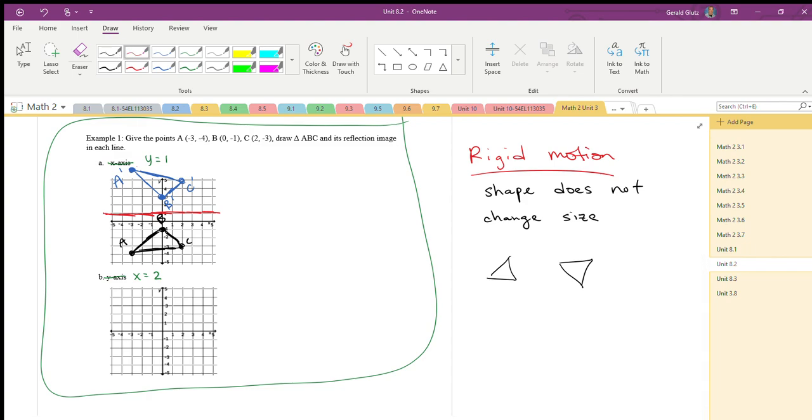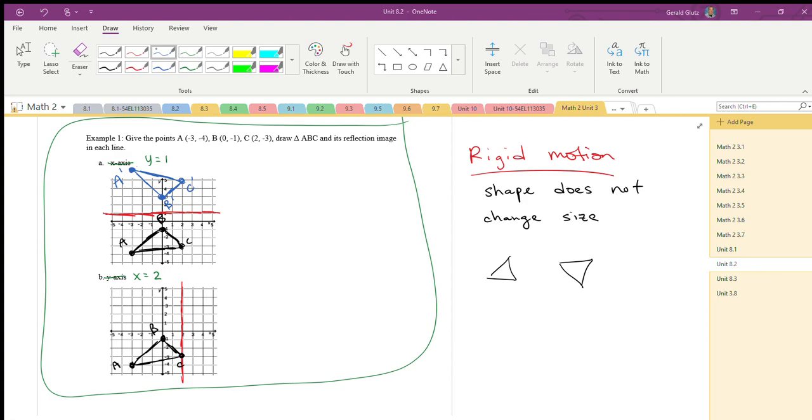All right, so on the next one, we're going to reflect over the line x equals 2. So x equals 2 is the vertical line where x equals 2. So we're going to use the same points. So -3, -4. 0, -1, and then 2, -3. That's point C. So now I'm going to reflect over the red line again.